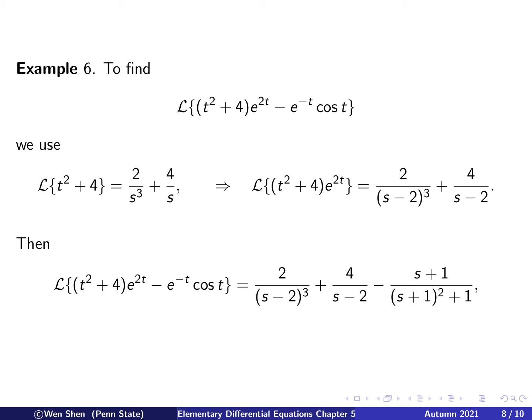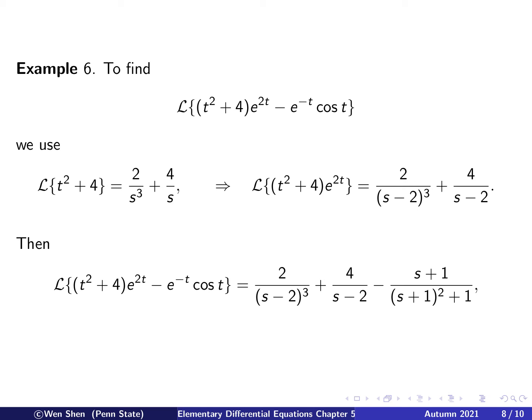So we can take one term at a time. To look at this term, how do you find the Laplace transform? Well, you see that this is a product of a function times an exponential. So we can wait a bit for the exponential, figure out the Laplace transform of this, and apply the shift theorem for that one.